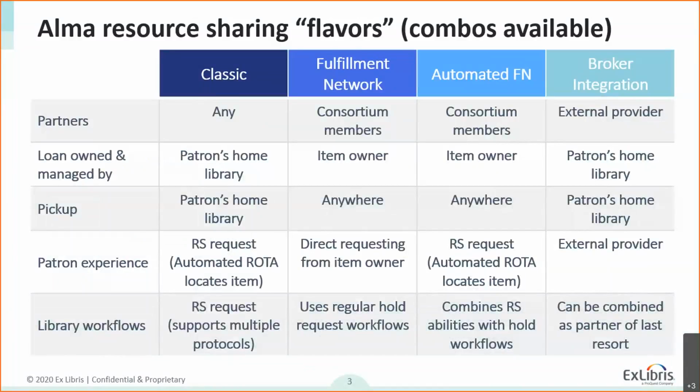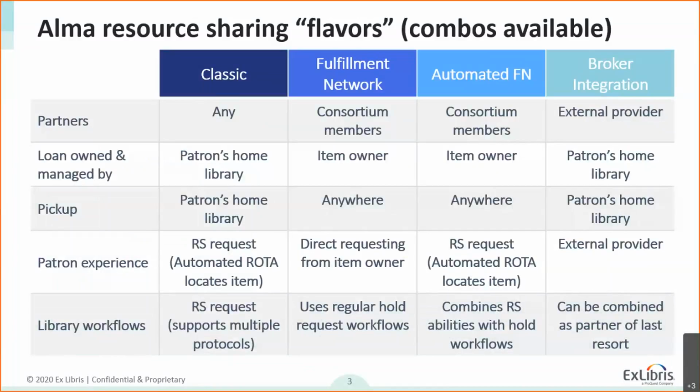So in ALMA, there are 4 flavors for resource sharing, and you can combine between them as well. We have the classic resource sharing where your patron only works with you and you are the mediator between your patron and other libraries that you partner with.